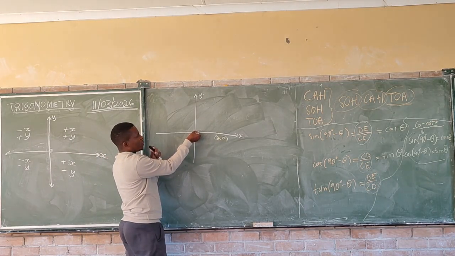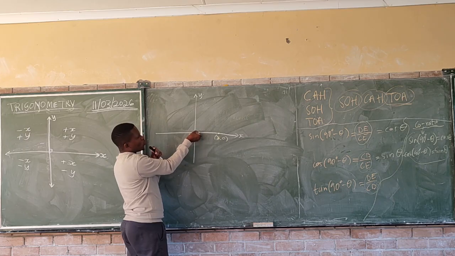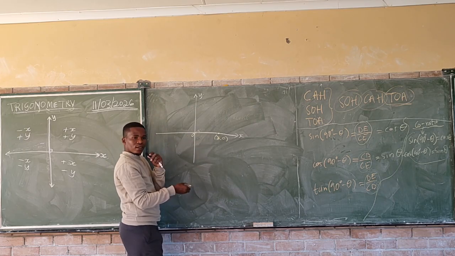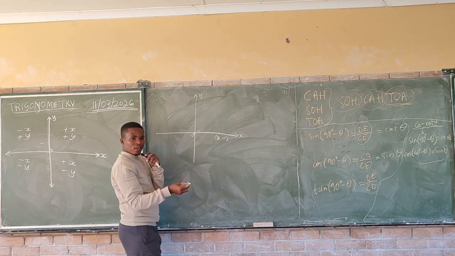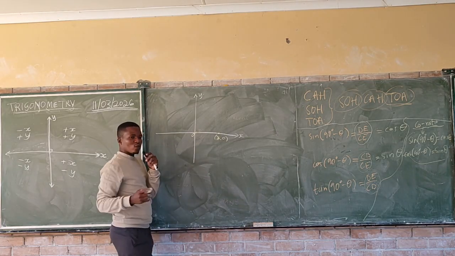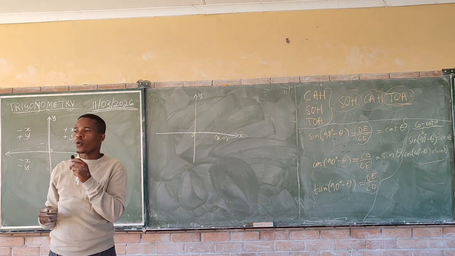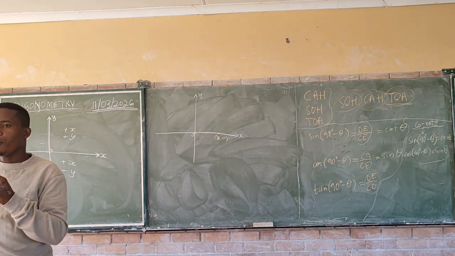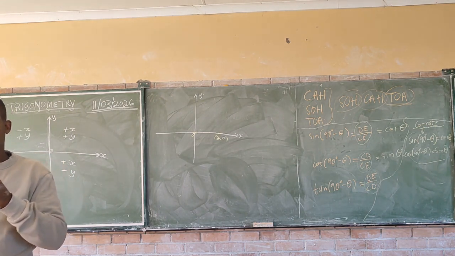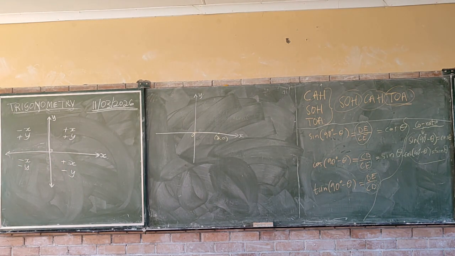Do you agree with me? If I rotate this one, it's going to move something like this. Now when you're rotating this, we are rotating it anti-clockwise so that we are measuring positive angles. Moving clockwise is the negative direction, like the athletes when they are running.